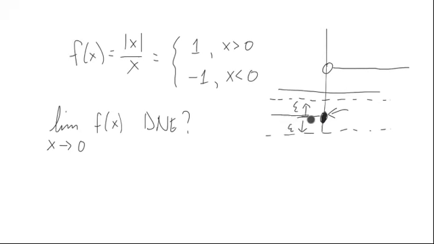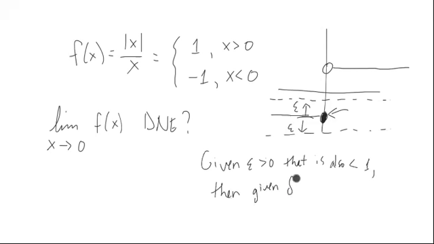Well, maybe what we could say is, given epsilon greater than 0 that is also less than 1, so it kind of is described in the picture, then given any delta, well, let's just take every delta and show that it fails for every delta.